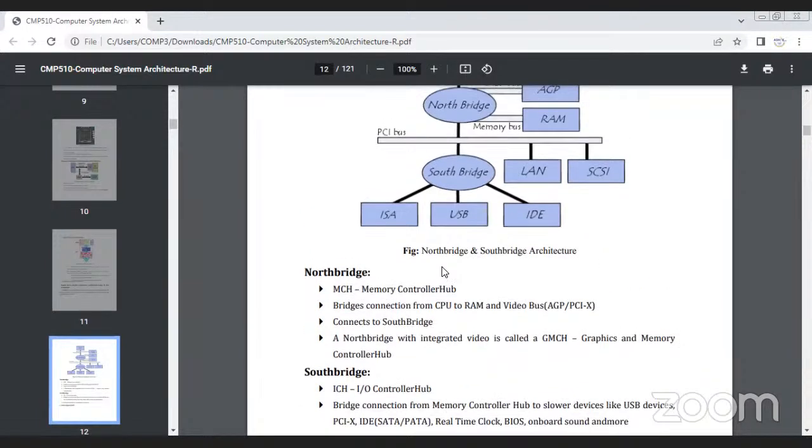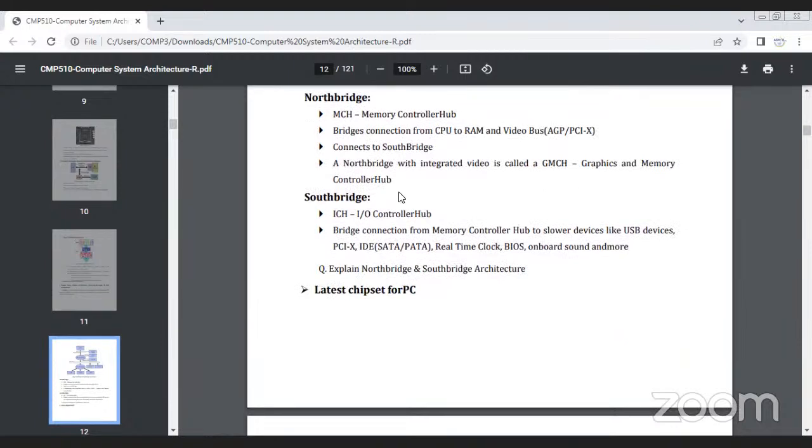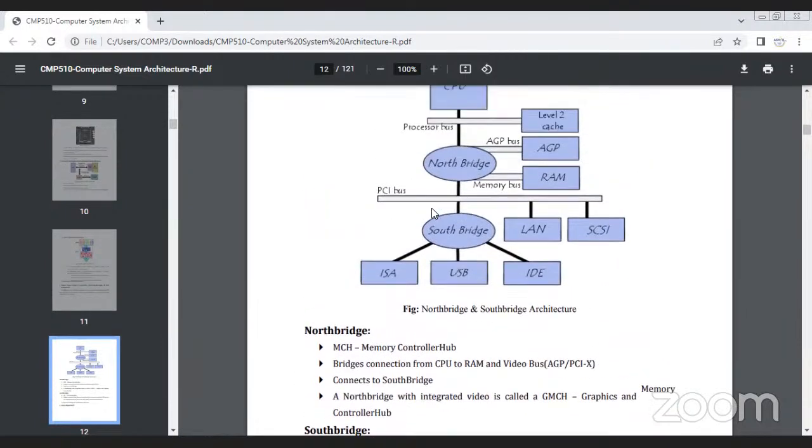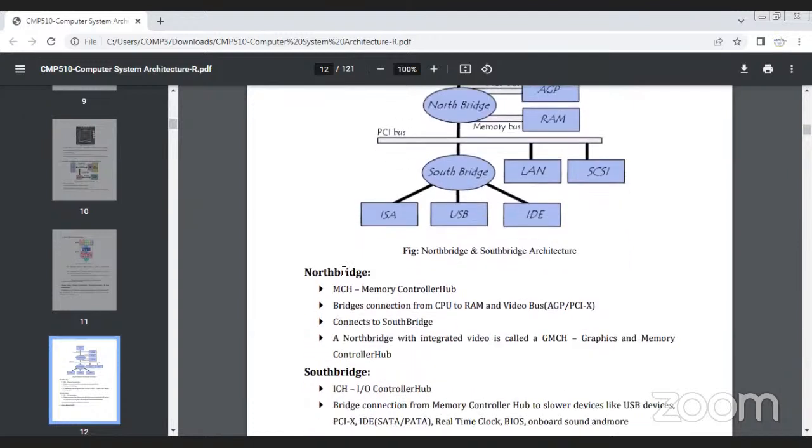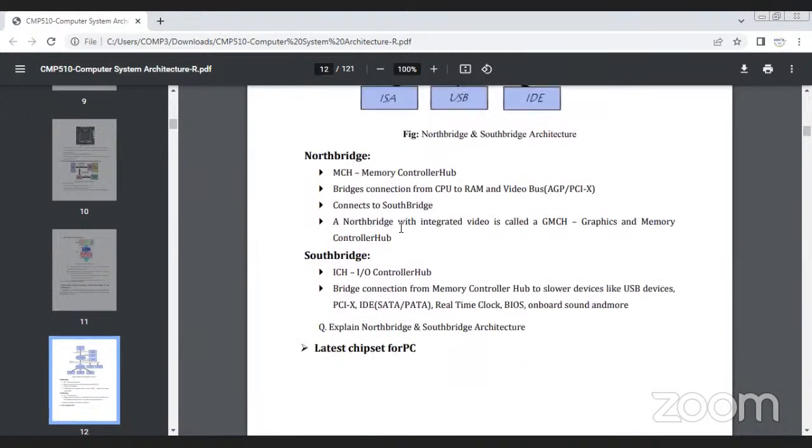So the south bridge is basically used to control or connect the slower devices. So this is the north bridge and south bridge architecture. The north bridge is basically used to connect the CPU to RAM and to AGP, and the south bridge is used to connect the slower devices like IDE, USB, ISA, etc.